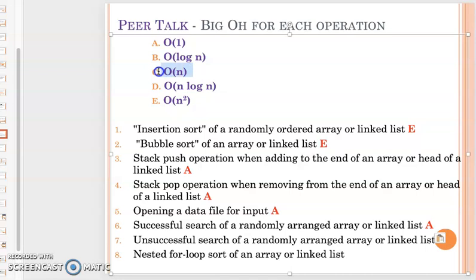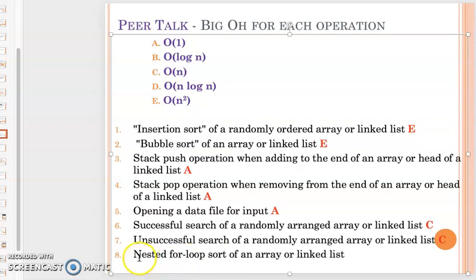In order to have a for loop, that's why your runtime is big O of n. Unsuccessful searching for sure means you need to go over the whole array; your for loop needs to finish. But even if you successfully find it, big O is considered the average. So they both are linear search.